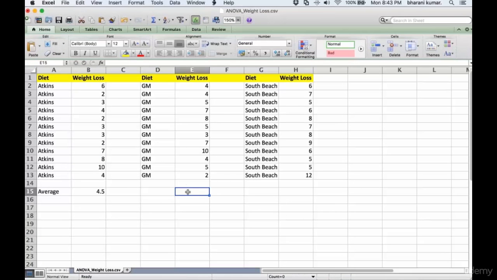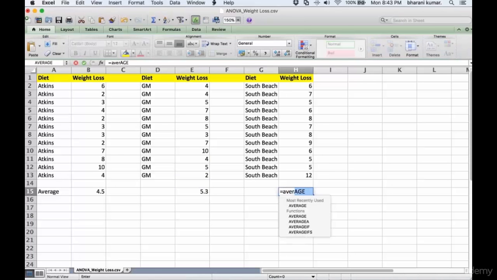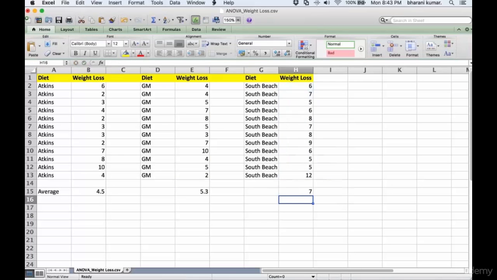And the average weight loss of people who are assigned to GM diet program is 5.3 kgs roughly. If you round it off to 2 decimals, it will be 5.3 kgs. And the average weight loss of people who are assigned to South Beach diet program is 7 kgs. So you have these 3 scenarios.